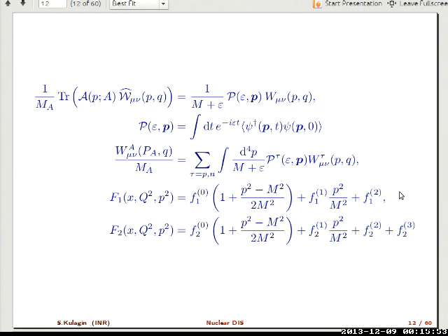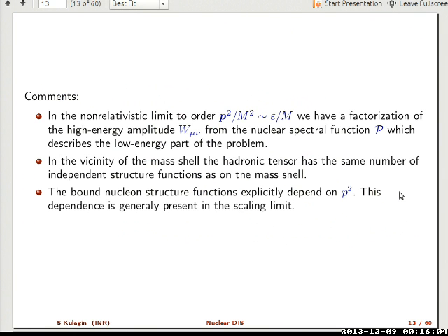The cross sections and nuclear structure functions would depend only on this. That would be the expression if I keep the terms of the orders p squared over m squared and epsilon, where epsilon is the non-relativistic energy over m, including these terms.